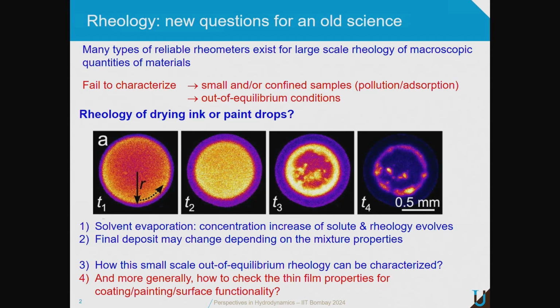And you have a huge amount of engineering technology, because we know that drying a drop of ink is absolutely complex, in the sense that the solvent evaporation modifies the concentration, the rheology, and the final deposit. I will give you an example in my conclusion, but you may have this coffee ring effect. So it's a very complex system with just a drop here on your table.